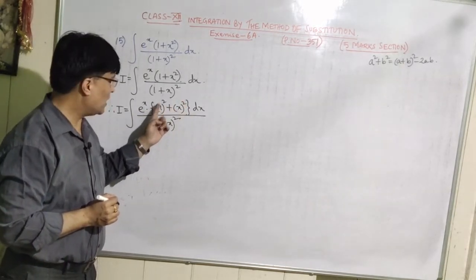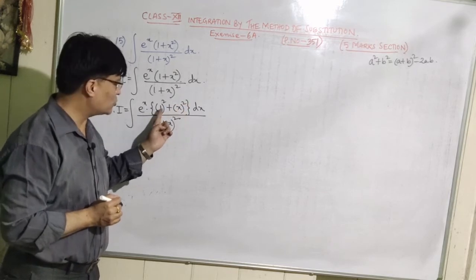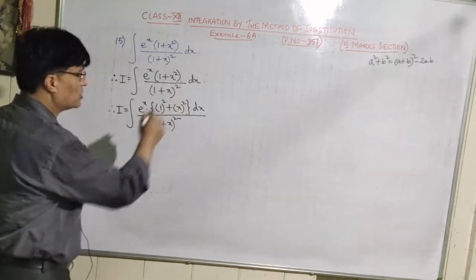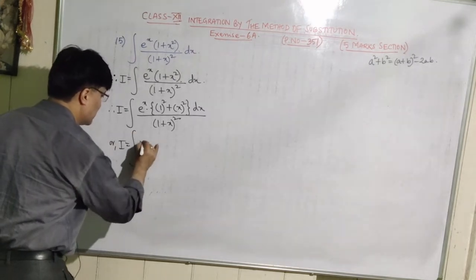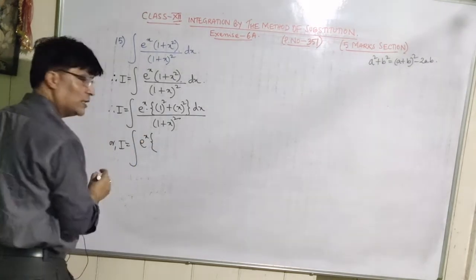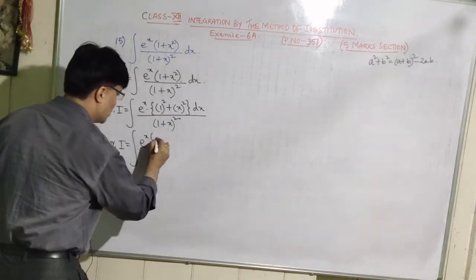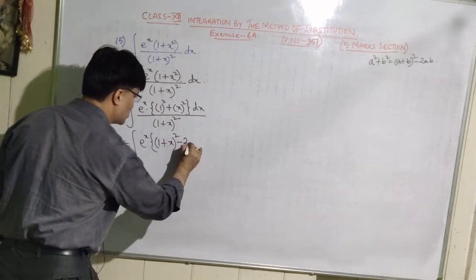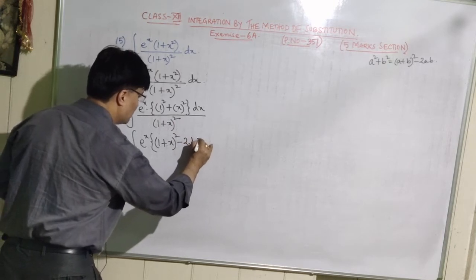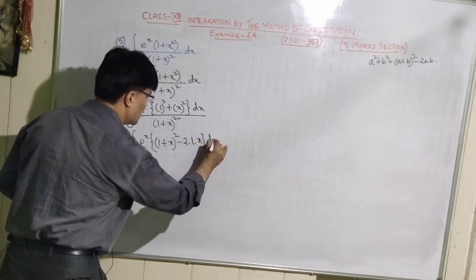So this is the form a square plus b square. Here a is 1 and b is x. So let us use this formula here. Or I is equal to integration of e to the power x within second bracket, so what is the formula? 1 plus x whole square minus 2 into a is 1, b is x. This is dx.